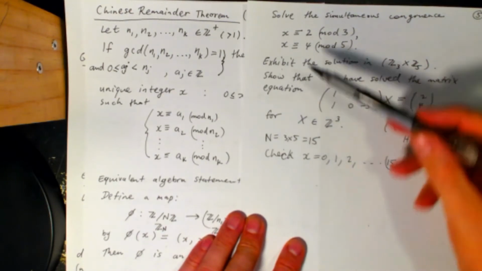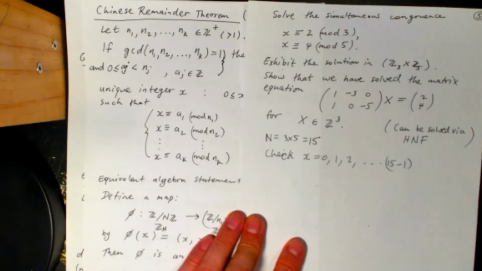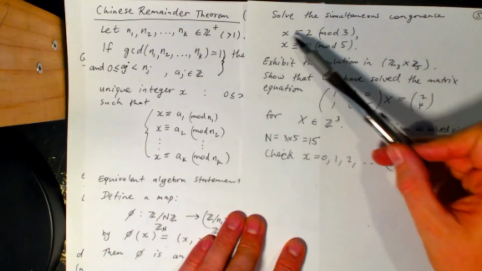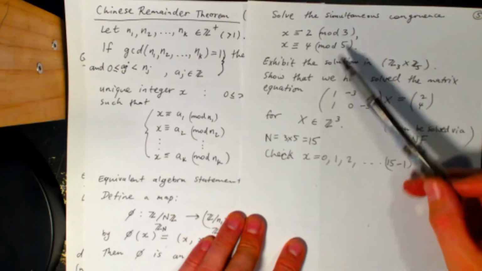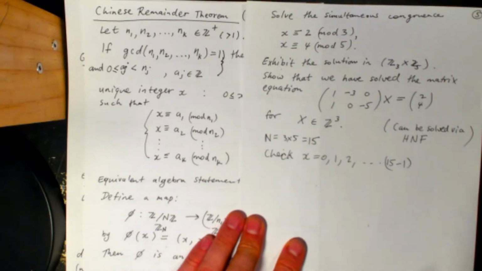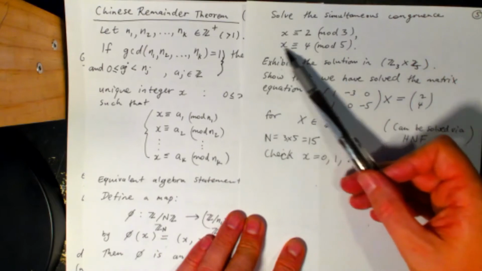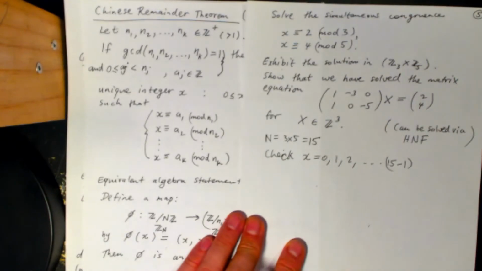Okay, but if you check all of these, you can see, well, 0 doesn't work, 1 doesn't work, 2 doesn't work. 2 works in the first one, but not the second one. 3 doesn't work, 4 doesn't work. 4 works in the second one, but not the first one, because 4 is congruent to 1 mod 3, which is not 2 mod 3. 5 doesn't work, and so on and so on.